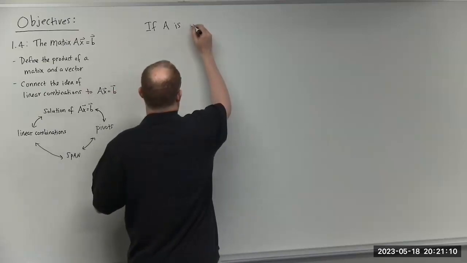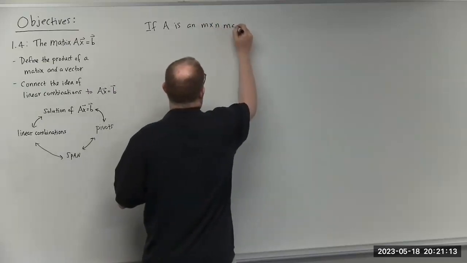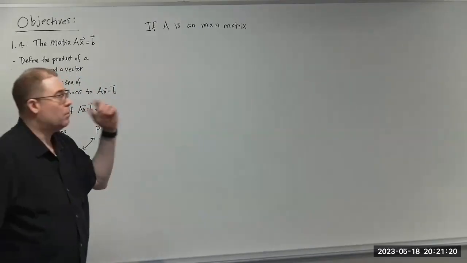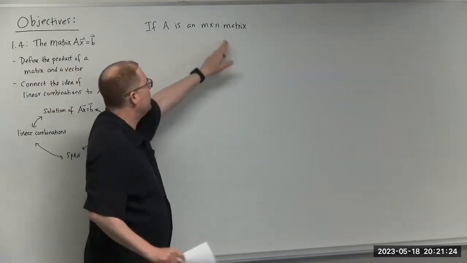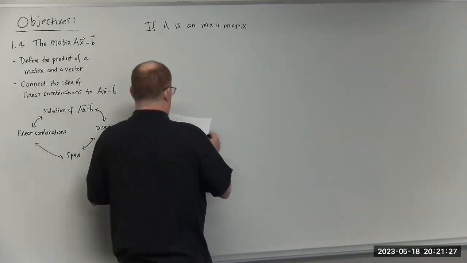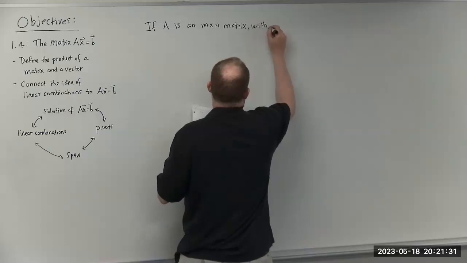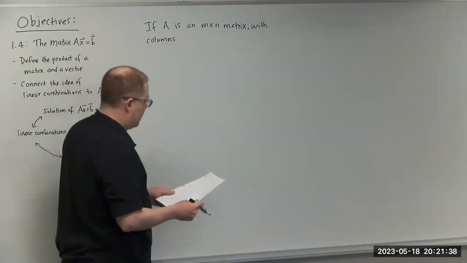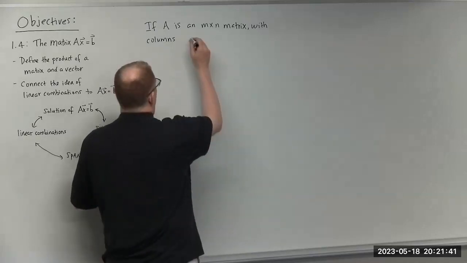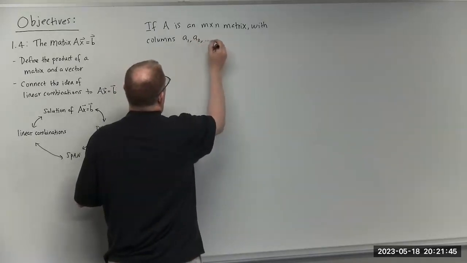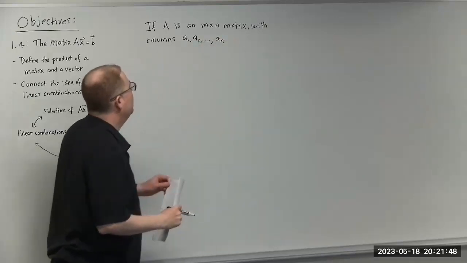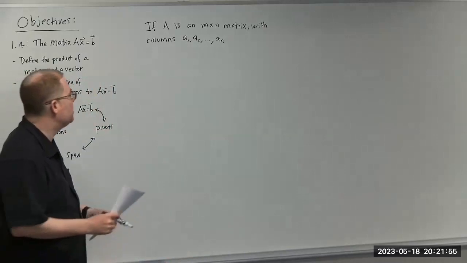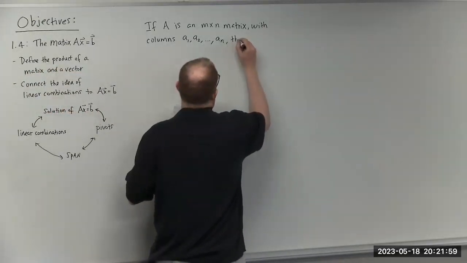Okay, so if A is an m by n matrix, remember that when we write in this order, m is the number of rows and n is the number of columns. Okay.